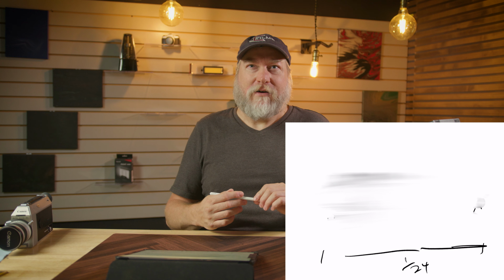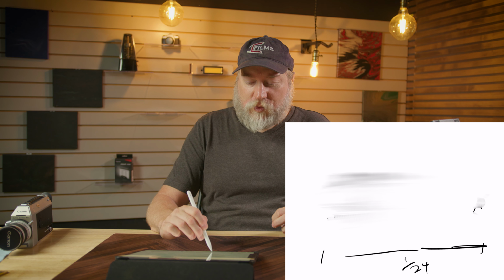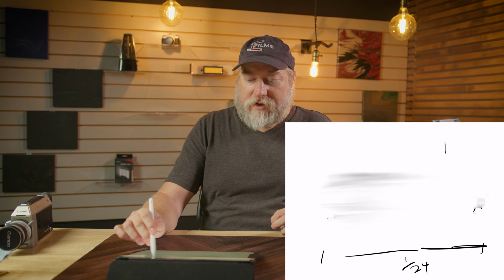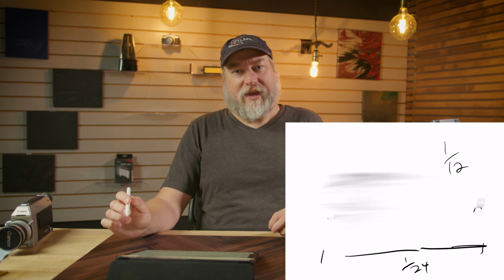You can even go further. You can go into a 720 degrees, which means that it exposes 2 frames in the span of 2 frames, but it's capturing basically 1/12 of a second. So now it's twice as long.